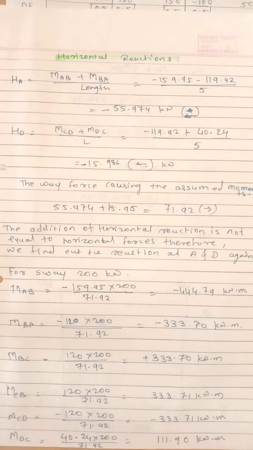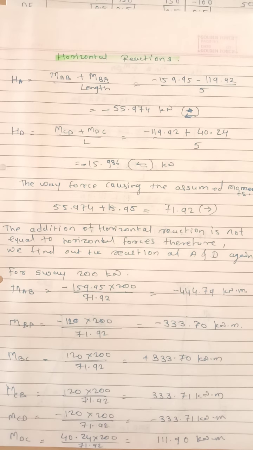So HA plus HD is equal to 200. From these values we will check whether we need to recalculate our reactions or not.